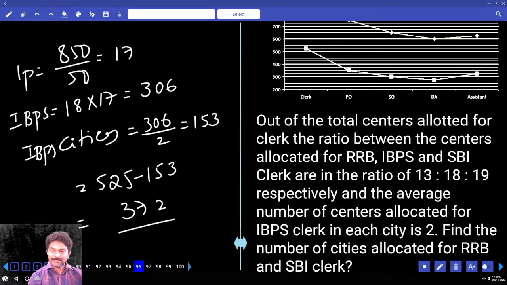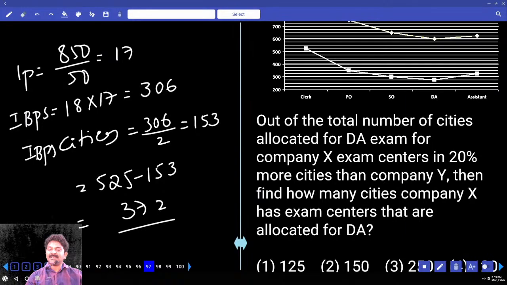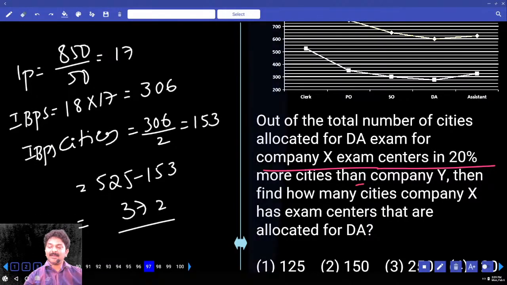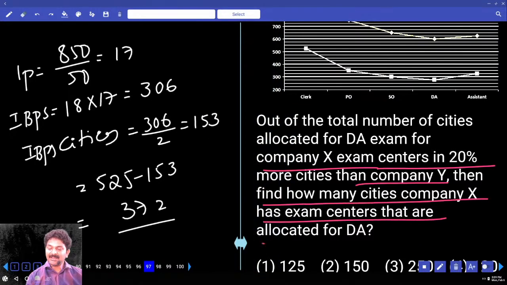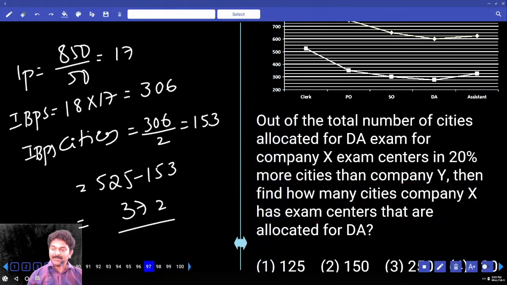Out of total number of cities allocated for DA exam, for company X, exam centers are in 20% more cities than company Y. Then find in how many cities company X has exam centers that are allocated for DA. So now, cities allocated for DA exam.